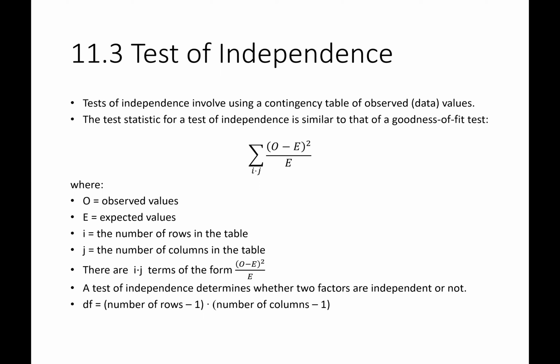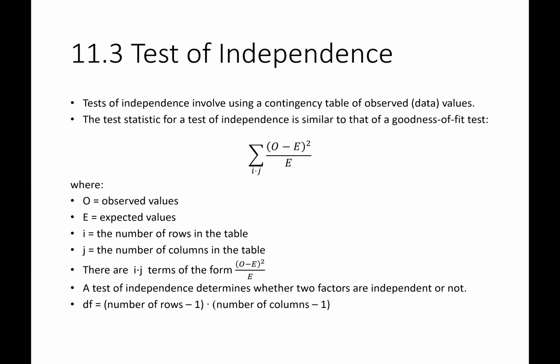All right. So a test of independence involves using a contingency table of observed data values. The test statistic for a test of independence is similar to that of a goodness of fit test, but you'll notice you're summing over I and J, which are the number of rows and the number of columns in your table.